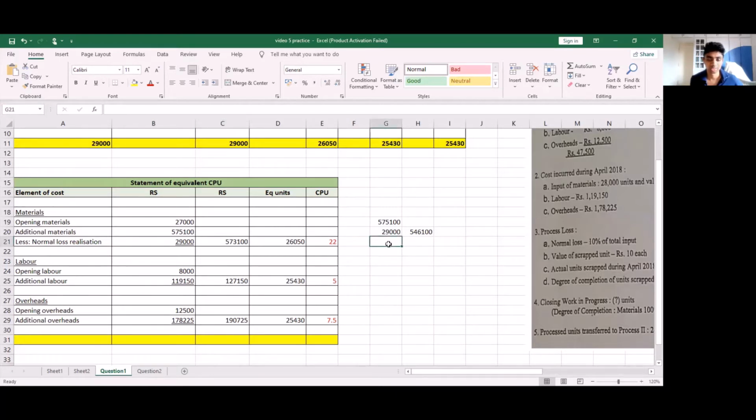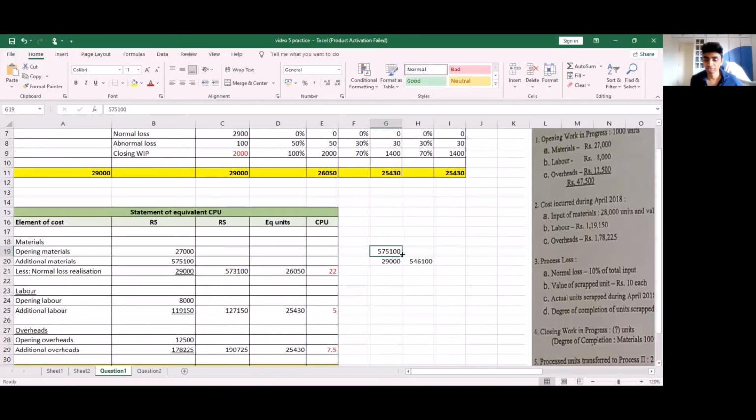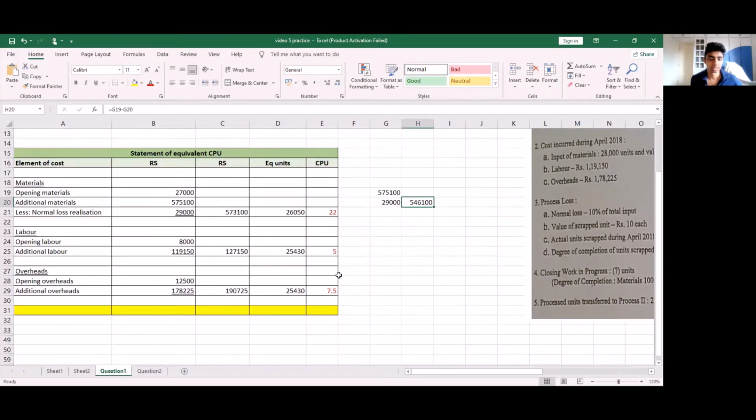So what does this mean? In our FIFO method, we would simply take 5,75,100 minus our normal loss 29,000 to get 5,46,100 as our total cost of materials. In our labor, we would have simply taken 1,19,150 as our total cost. And for overheads, we would have taken only 1,78,225 as our total cost, and we would have divided this by equivalent units to get the cost per unit.